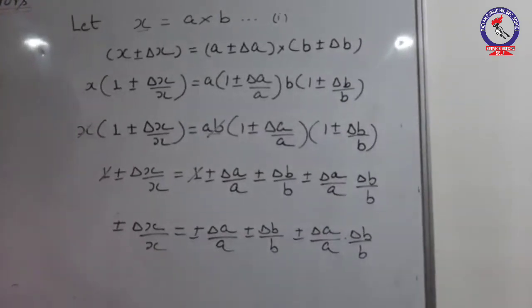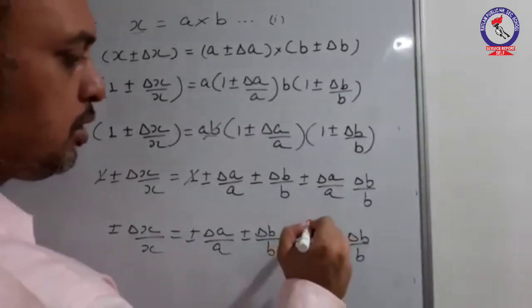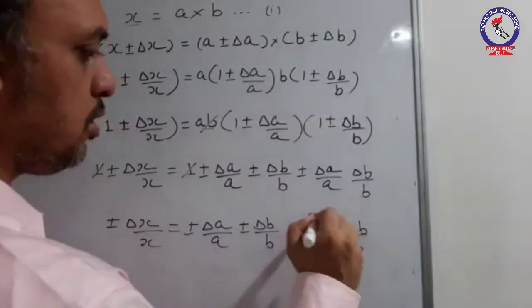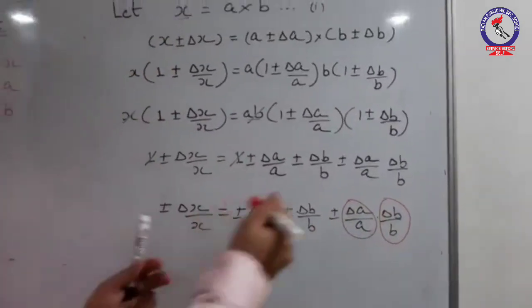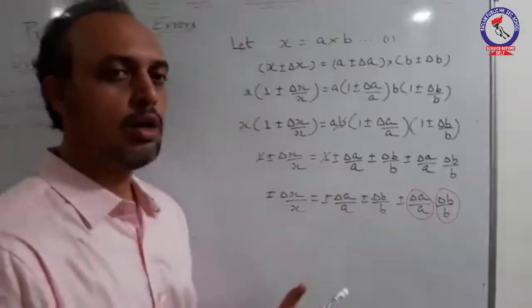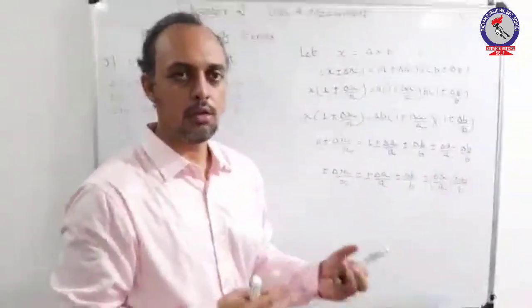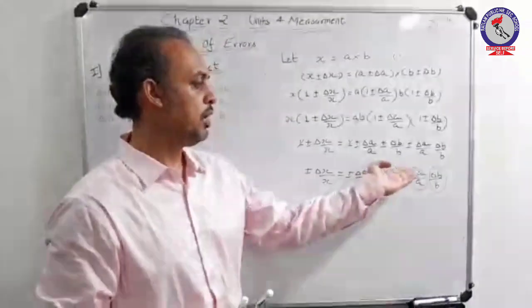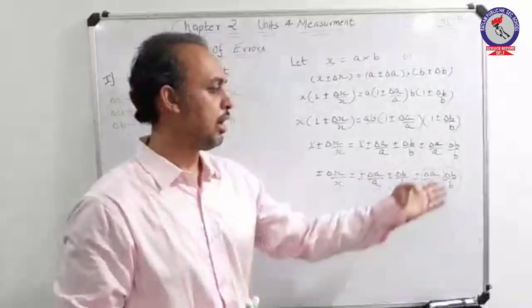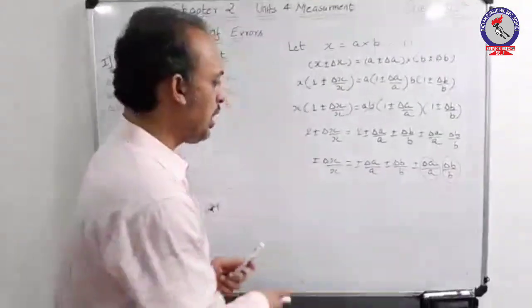If you observe this expression, if we put values into del A by A and del B by B, we will get very small values. Such small values can be neglected.